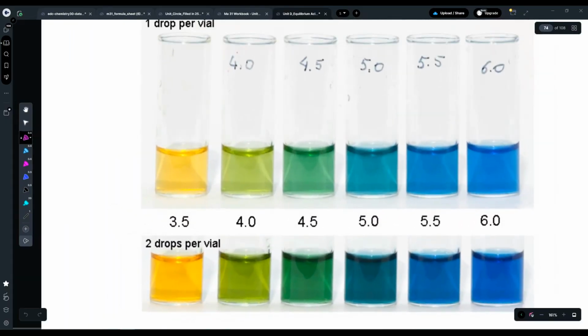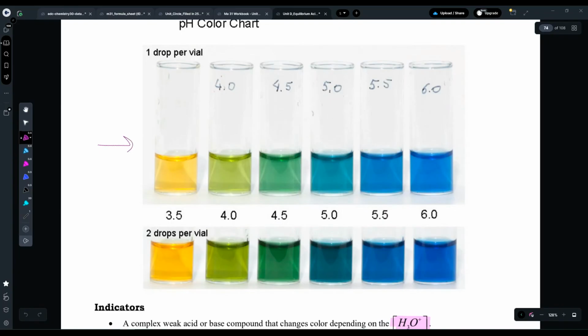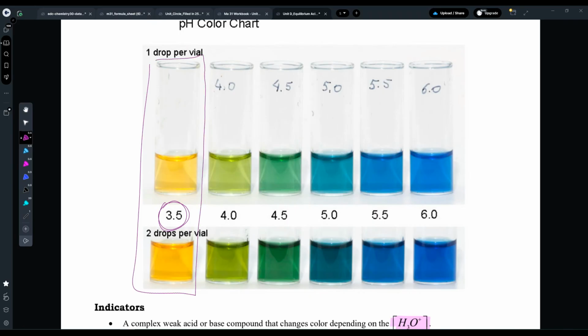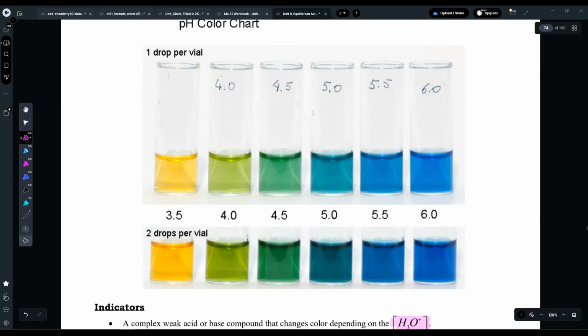The only difference between this top row and this bottom row is how many drops of bromocresol green indicator they have added. But this 3.5 represents the pH of the solution in this column here. So as we can see, because it is at a pH of below 3.8, bromocresol green is yellow, which matches up with what our table says.